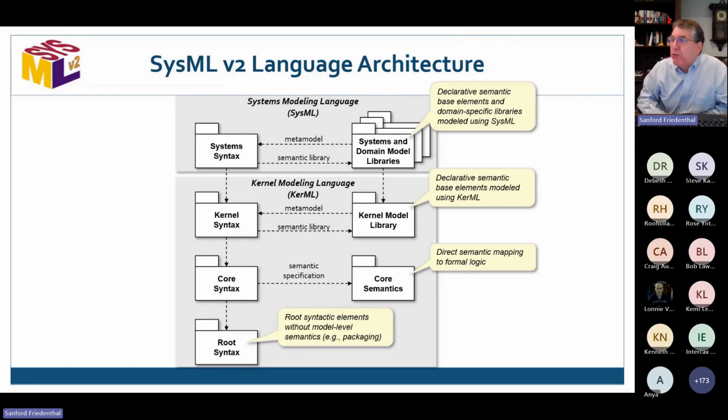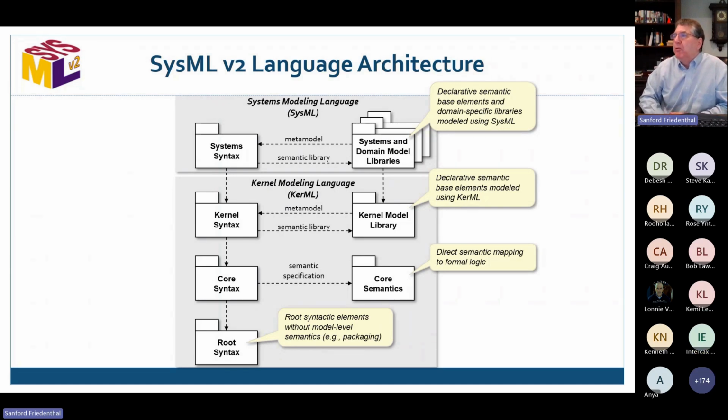There are core concepts in this layer, such as classifier and feature and generalization and others. Then the next layer up is the kernel syntax layer, which adds basic capabilities over and above what you get in the core syntax that are needed for modeling languages in general. For example, it introduces the concepts of structure and behavior.